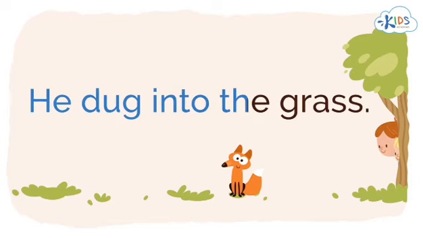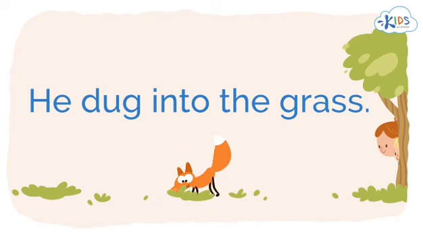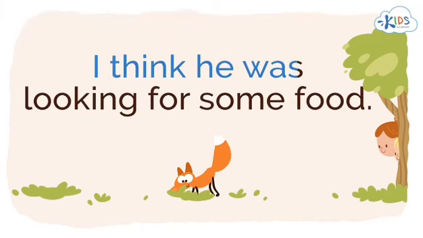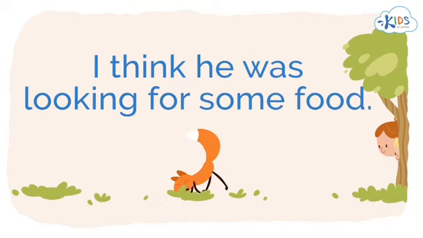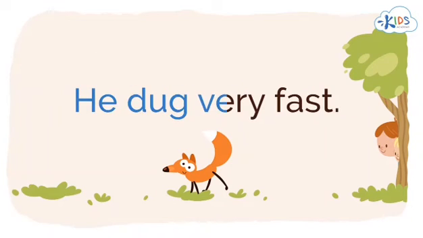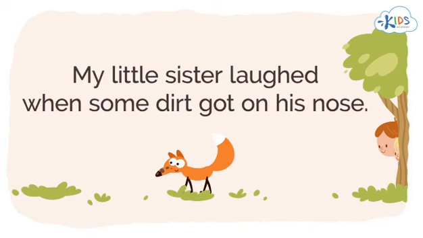He dug into the grass. He was digging the hole in that grass. I think he was looking for some food. The children thought that he might be looking for some food to eat. He dug very fast. He started digging very fast, as you can see in the picture.